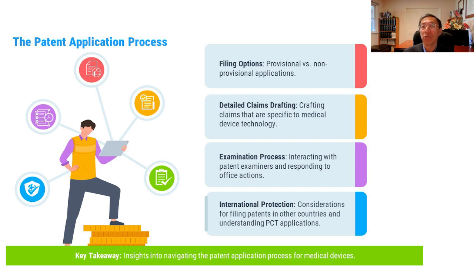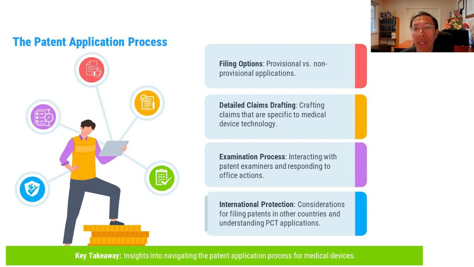You can have a provisional patent application, you can have non-provisionals, or you can directly file international applications. A provisional is a temporary application that lasts within a year and must be converted to a non-provisional. The non-provisional application is the one that's actually examined, and that's when you will get some pushback from examiners as to your novelty or your obviousness.